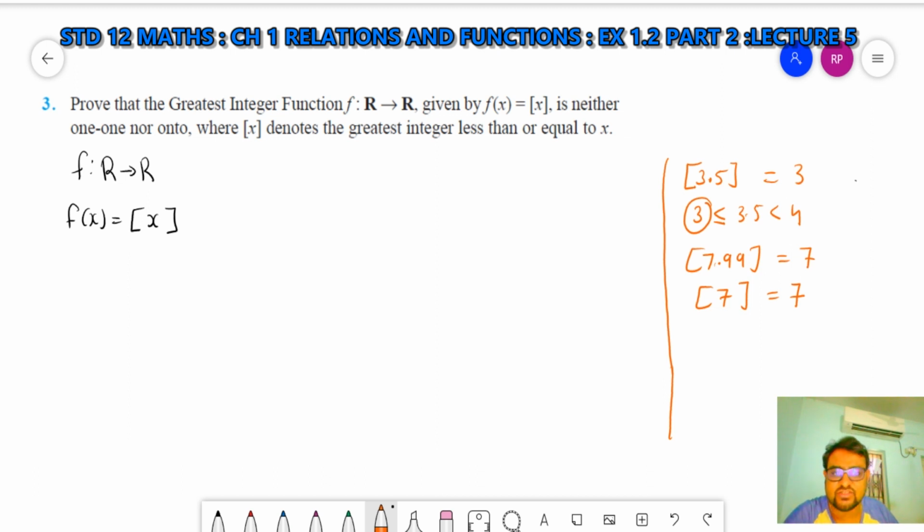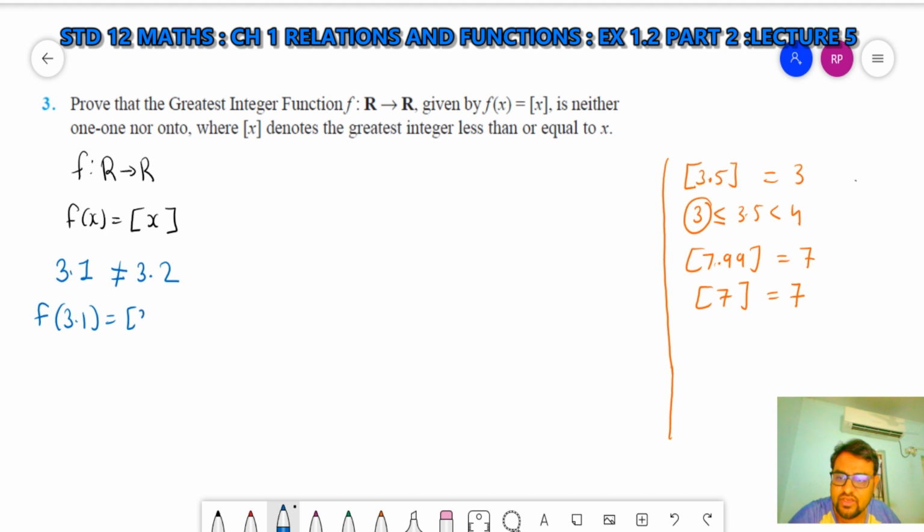That's good, you already knew that it is not 1-1. You just have to prove it. So first for 1-1, when we have to prove not 1-1, what we are doing? We are finding an example, right? Now it's from R to R, so I will take two values like 3.1, which is not equal to 3.2, right? But what is f of 3.1?